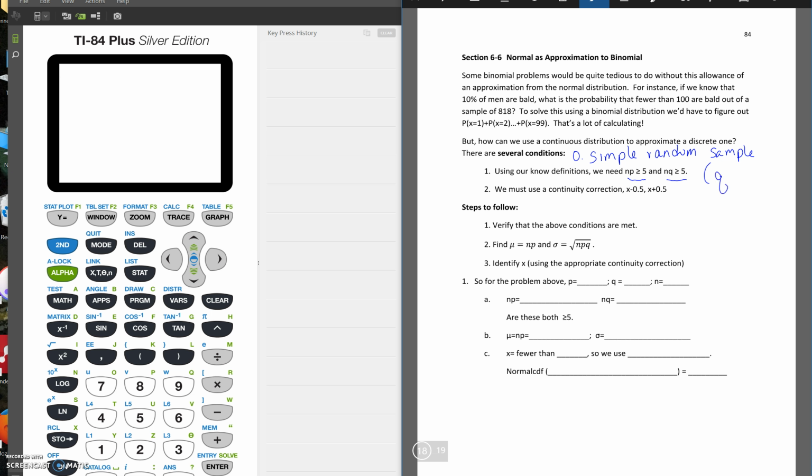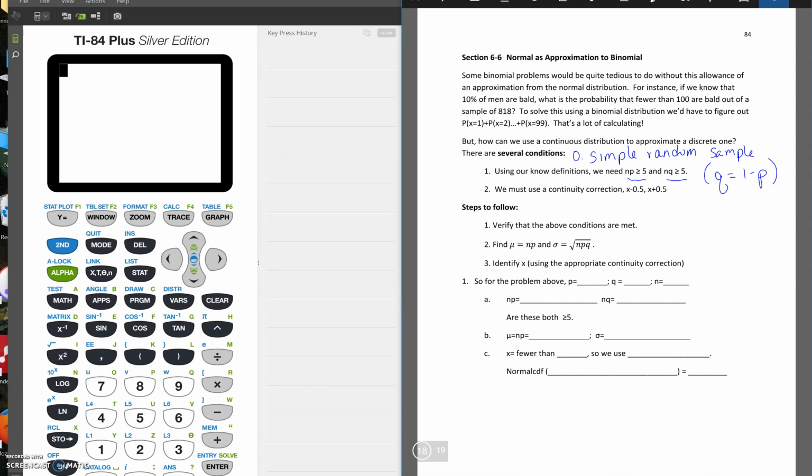Remember that q is always 1 minus p. And then we're also going to have to use a continuity correction here. Based on whether we want to include a number or not, we're going to go down by 0.5 or up by 0.5. This is just because we're using a continuous distribution to approximate something that's discrete.